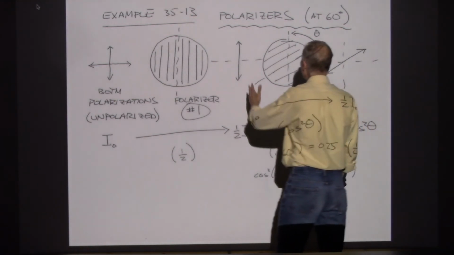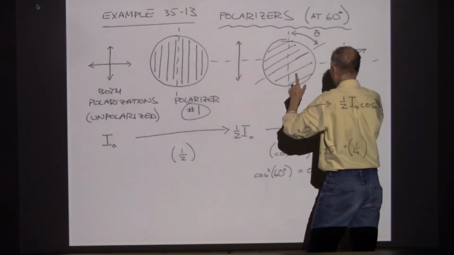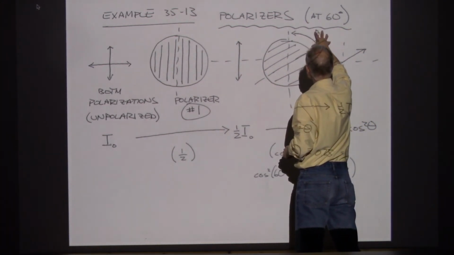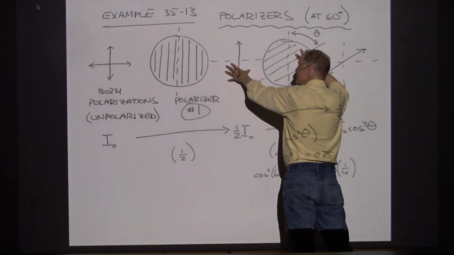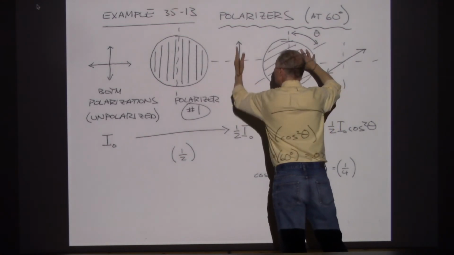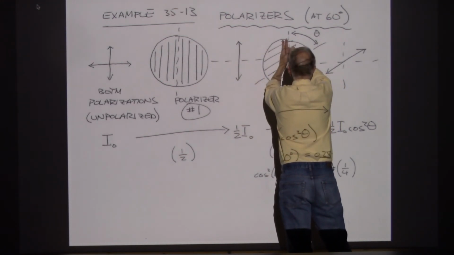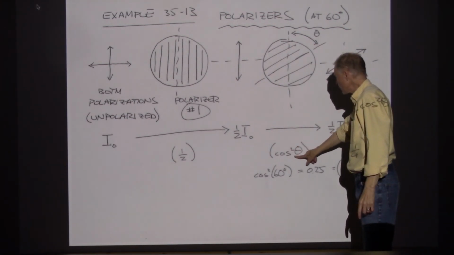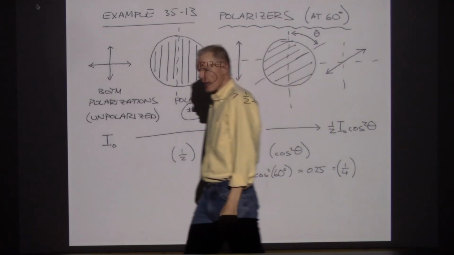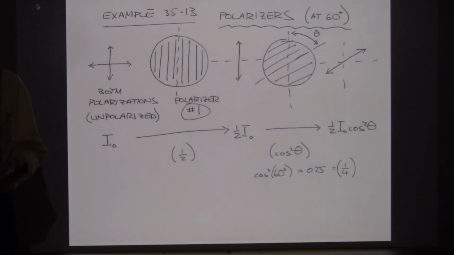Okay, now what happens with the next polarizer is the important question, is how is this polarizer rotated relative to the light coming in? This light, if it's completely vertical, and this one is tipped at 60 degrees, that introduces a factor of cosine squared. Now the cosine squared is happening because the component of the electric field gives us a factor of cosine of 60, and the intensity depends on the electric field squared.